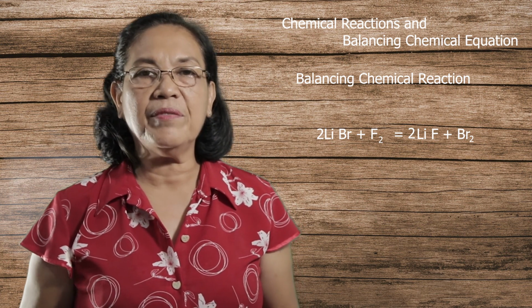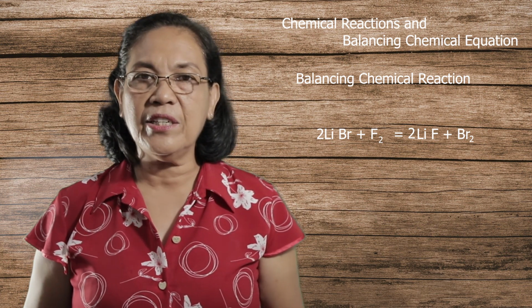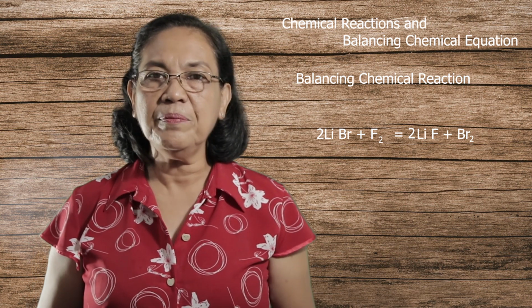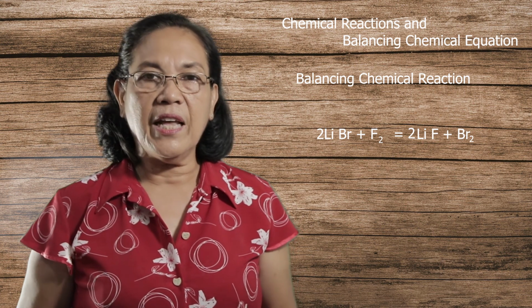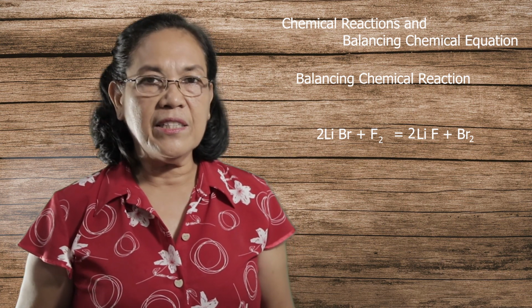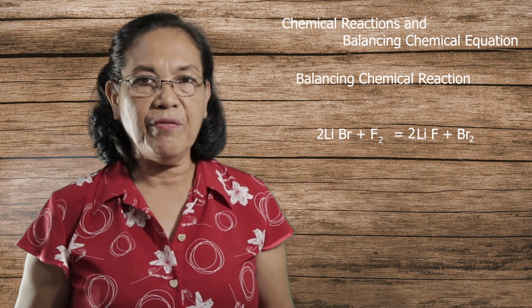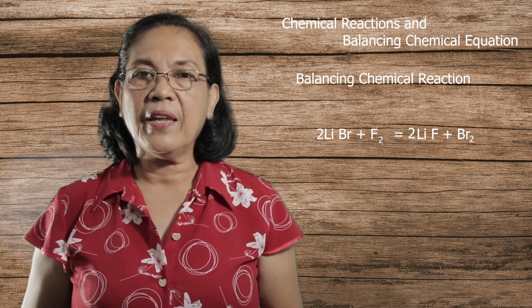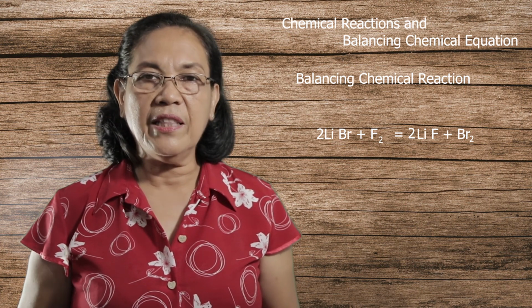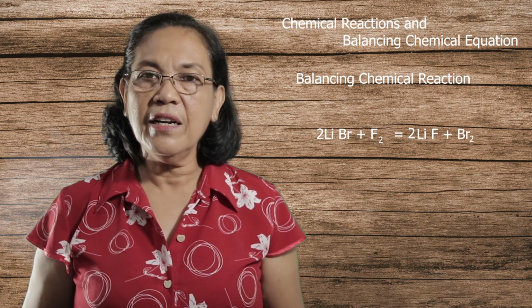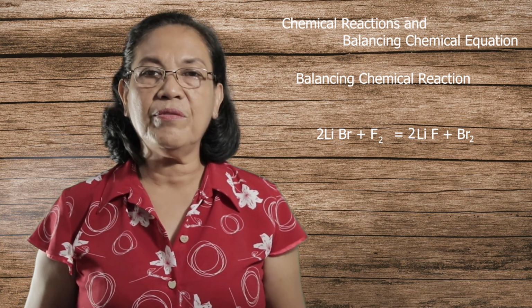Inspecting the number of atoms in the product, you will now have 2 atoms of lithium and 2 atoms of fluorine in the product. And when you inspect the number of fluorine in the reactants, there are 2 atoms of fluorine. Those are some examples on how to balance a chemical reaction.